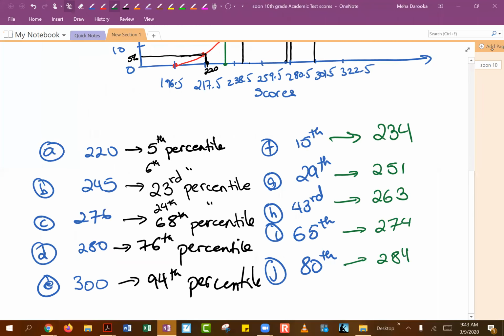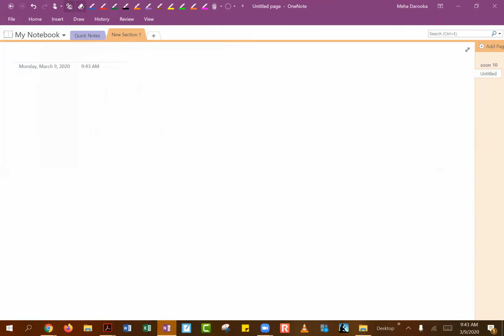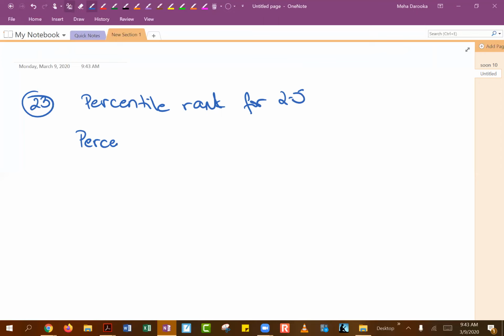So percentile rank for the data value of 2.5. So that's 5 data values below 2.5.